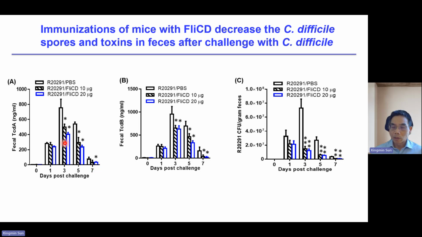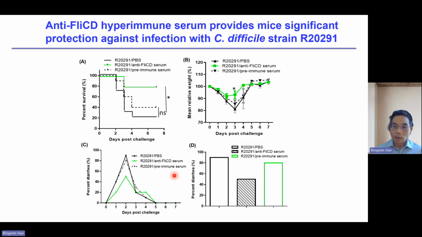We found there is a significant reduction in toxin A and toxin B, as well as the spore numbers, in fecal samples. Then we asked how the immunization provides protection against infection with the hypervirulent strain R20291.